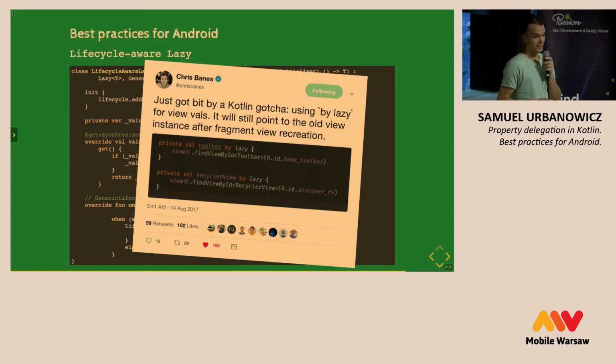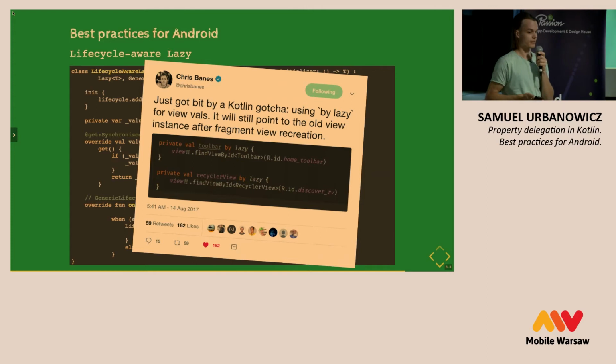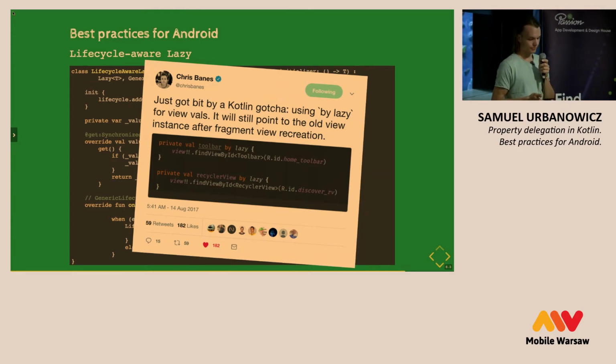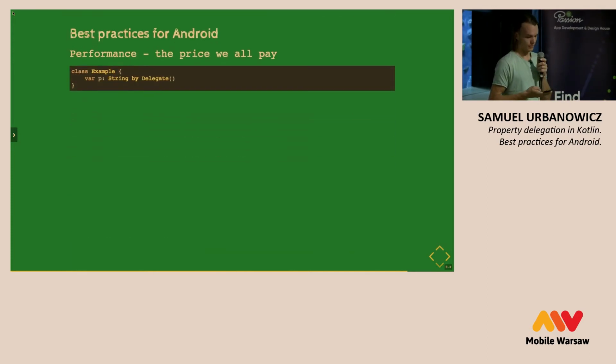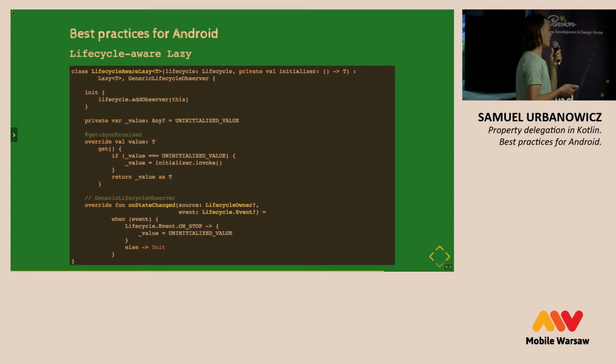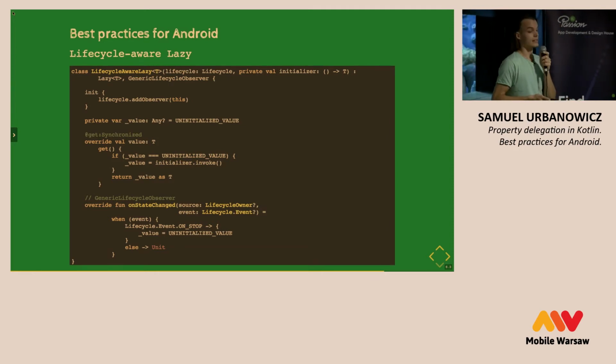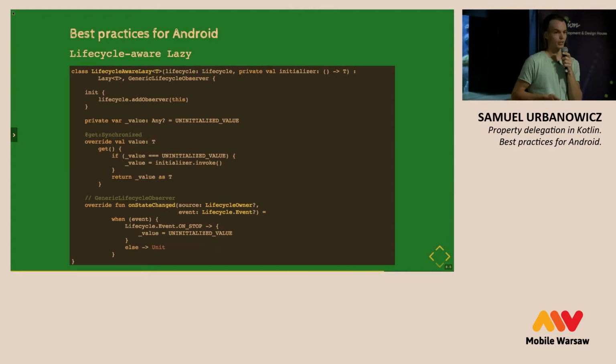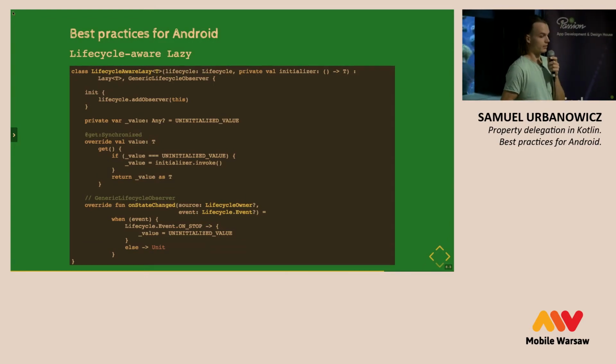And also, guys at Google struggle with this, so it's kind of normal stuff. But we can help it by creating a custom delegate that will also be aware of the lifecycle state, for example, the lifecycle of our fragment or activity. So let's take a look at what is going on here.